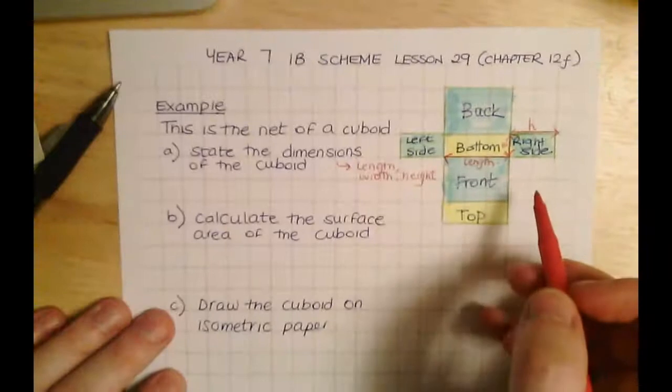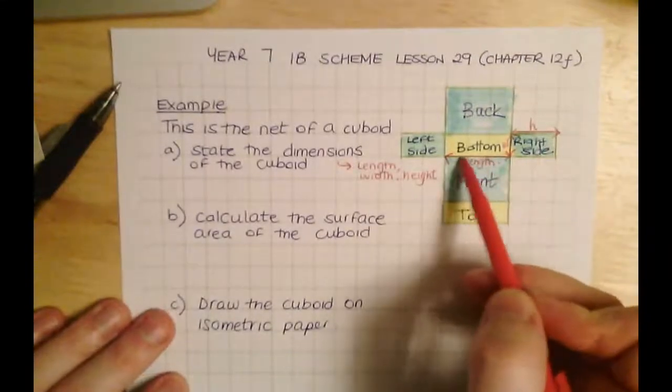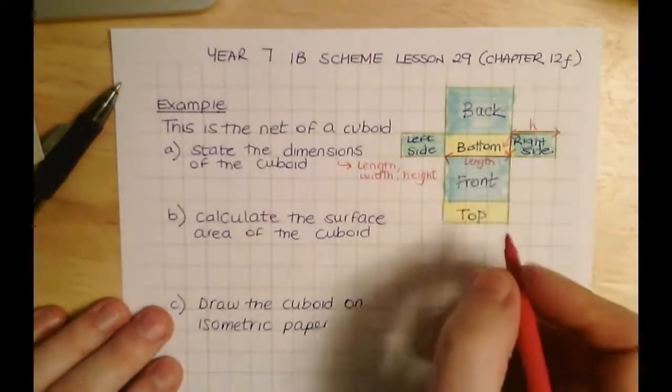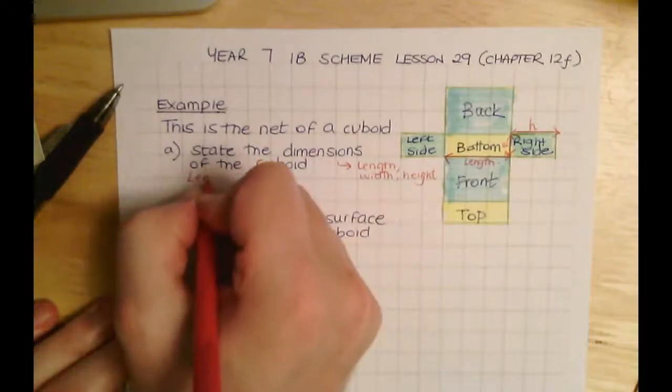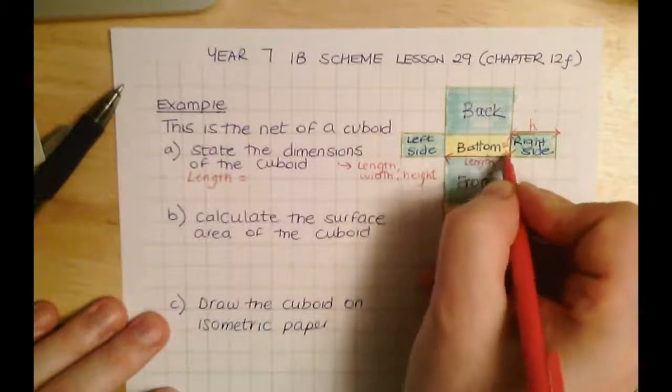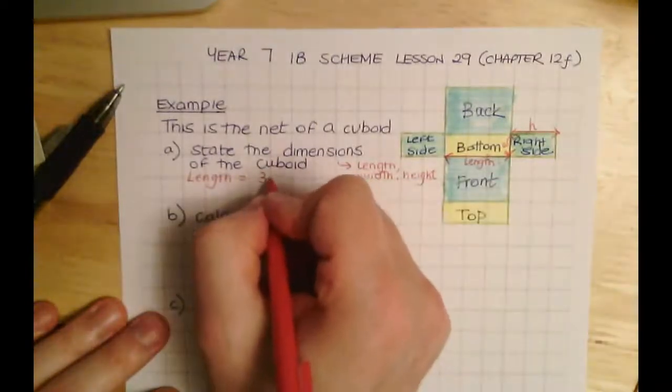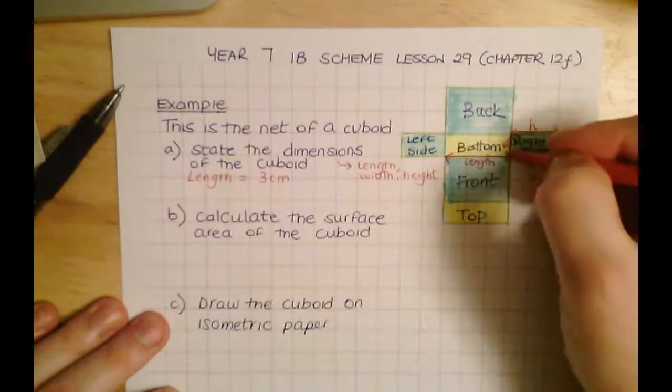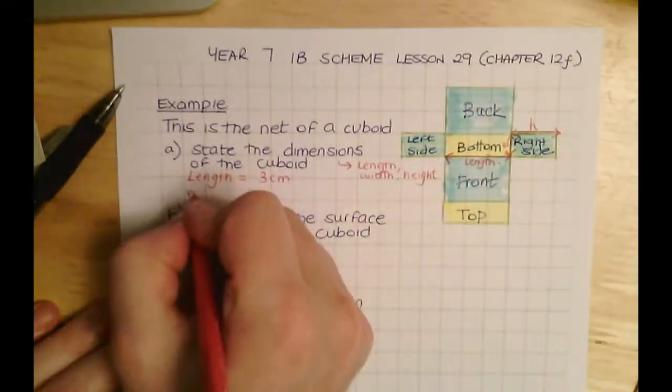Now, if we say that each of these is going to be 1 centimetre, the length is going to be 1, 2, 3 centimetres. The width is going to be 1 centimetre.